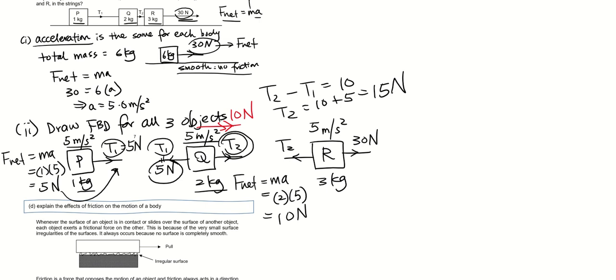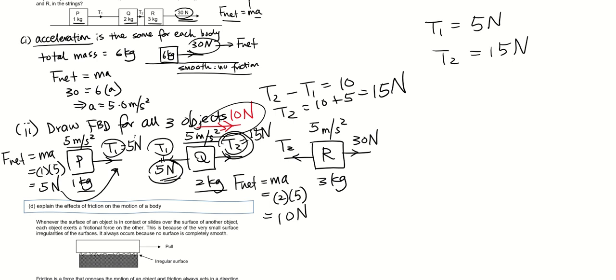So you can put in and try. If T2 is really 15 newtons and T1 is 5 newtons, what will the resultant force be? It will be 10 newtons to the right. So actually I solved for T1, which is 5 newtons, and I solved for T2, which is 15 newtons.